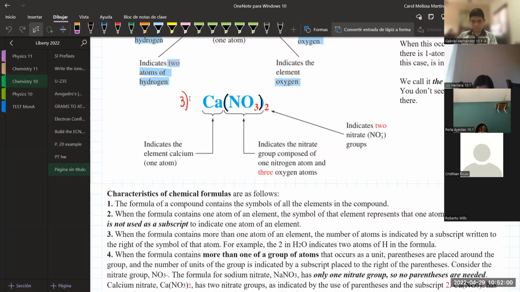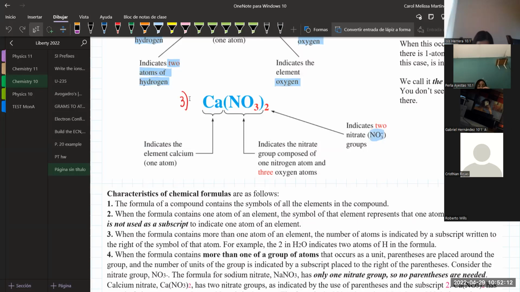When parentheses are part of the formula, that means that the group inside the parentheses, NO3 for this example, is called nitrate. It is there in one of the tables that I sent you. This group of two elements bound together, NO3, is called nitrate.